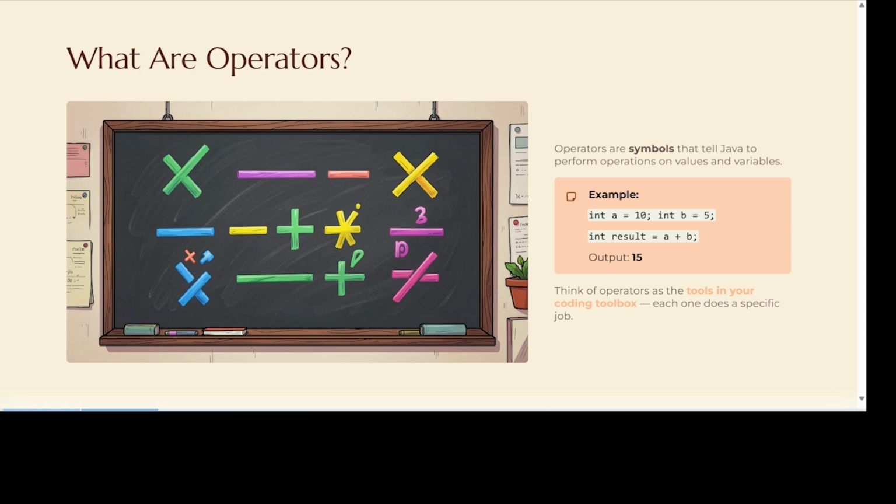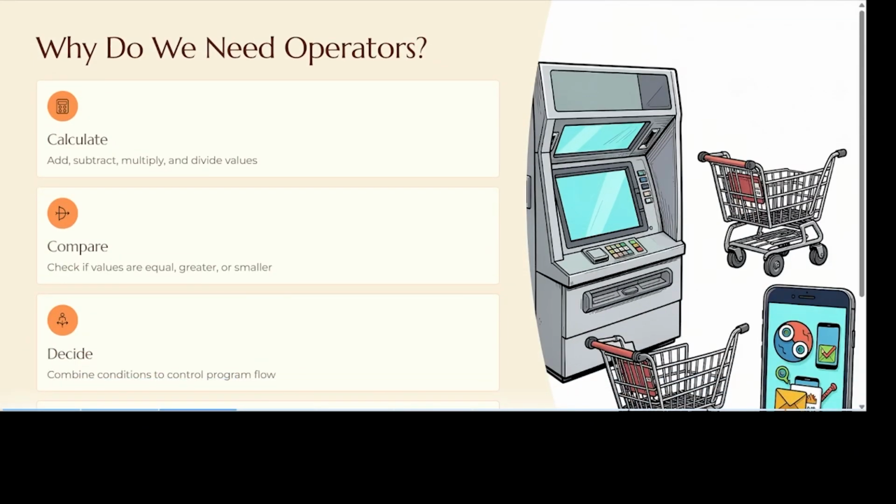Now we are going to see why we need operators. What is the purpose of using operators? Imagine a calculator needs buttons to perform operations, right? Without buttons the calculator doesn't perform anything.